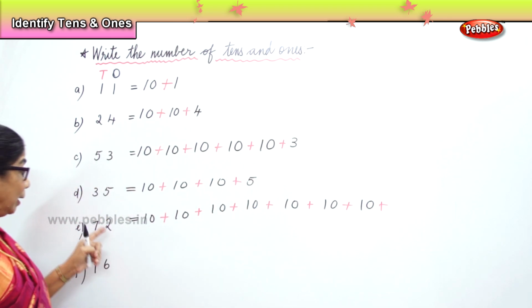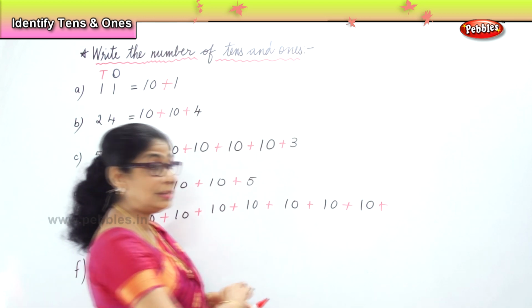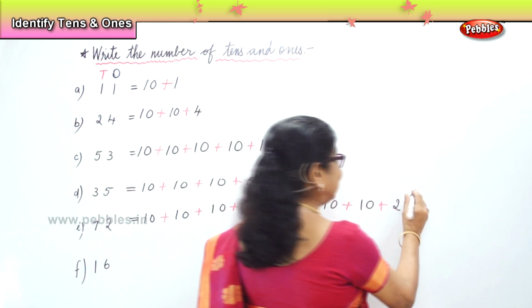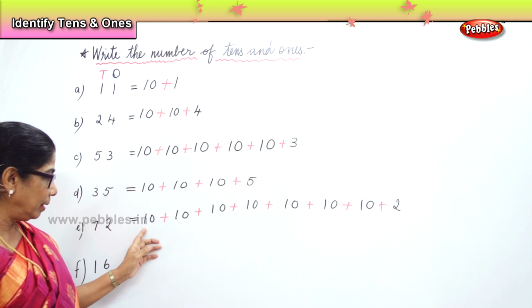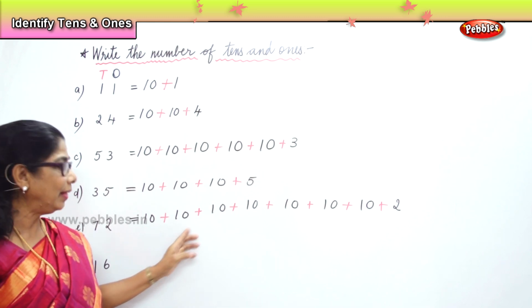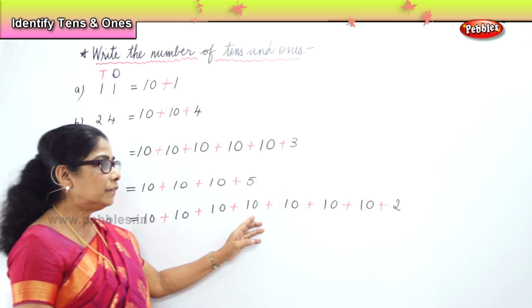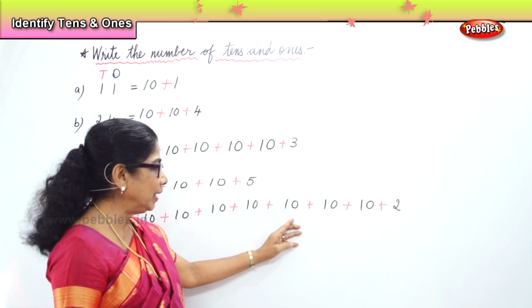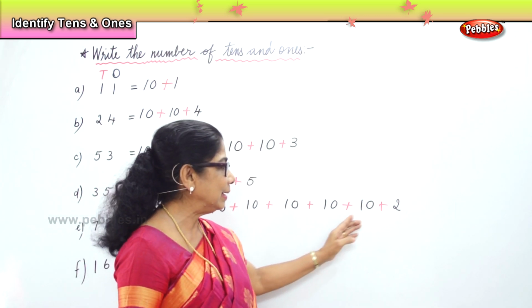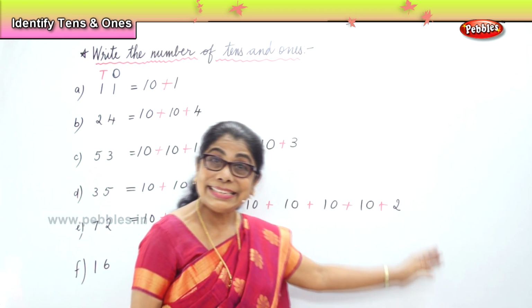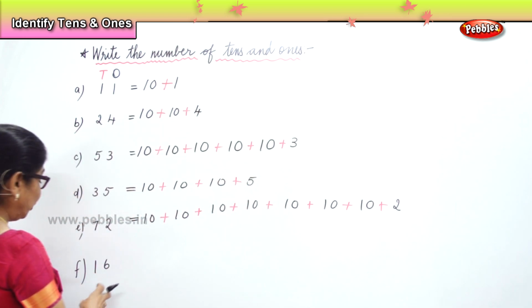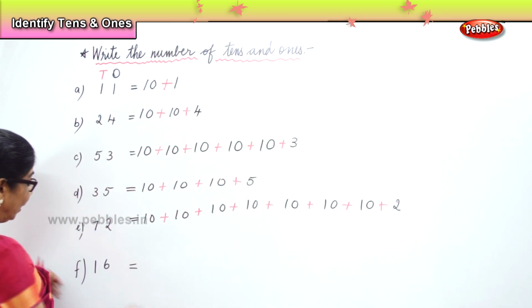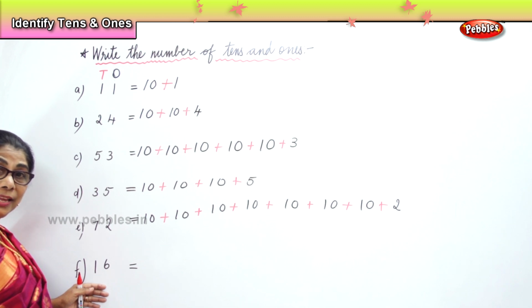How many ones? 2 ones. Very good. Let's count and see. 10, 20, 30, 40, 50, 60, 70, and 72. Very good.